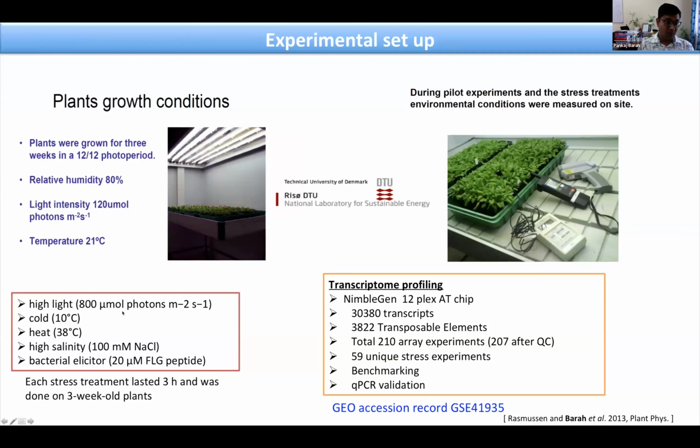These were the normal plant growth conditions, and then each of the plants was given treatment for 3 hours. All the experiments were conducted on plants 3 weeks old. We generated the transcriptomic data sets, and these were submitted to NCBI GEO with this record.